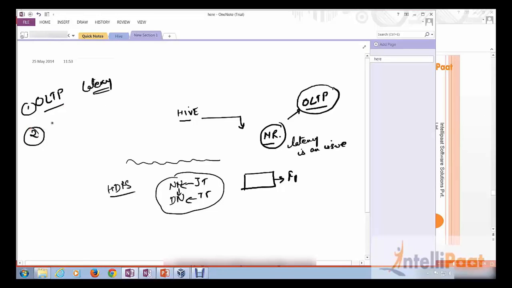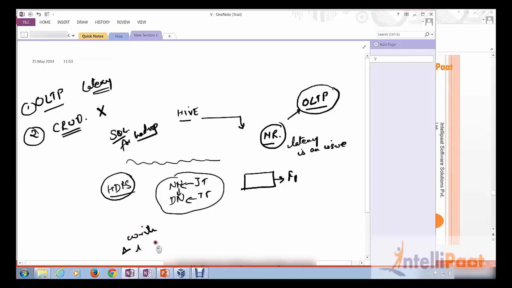Second, I said Hive is SQL for Hadoop. When I said SQL for Hadoop, it means it has tables, views, etc. Does it mean that it will allow you some kind of CRUD application? No. Even a CRUD application is not possible, because by the very nature of HDFS, it is write once and read many times.